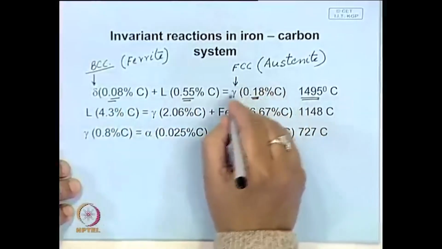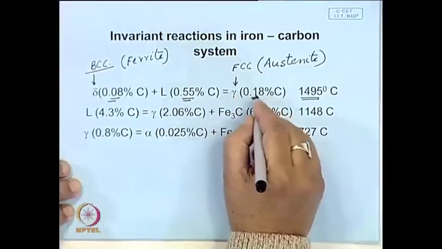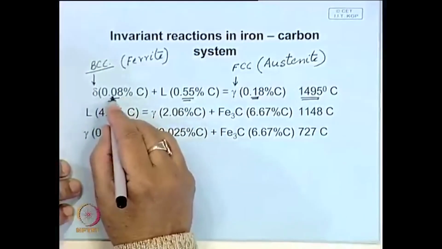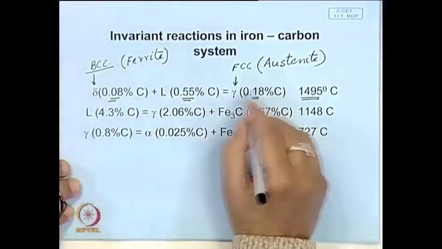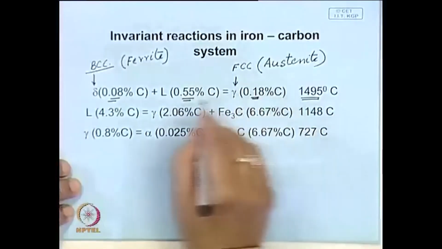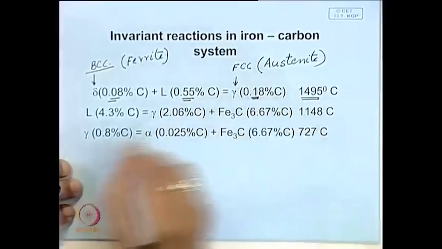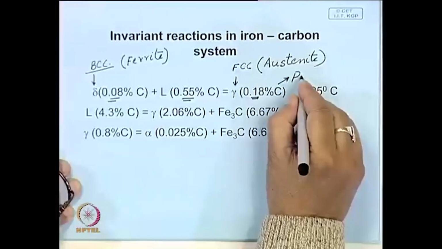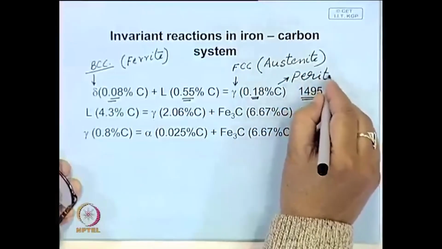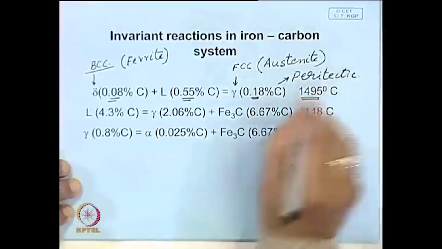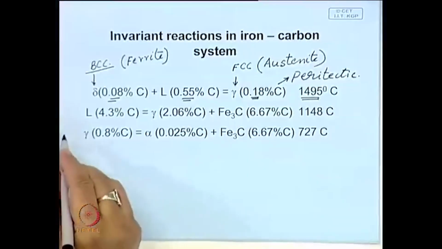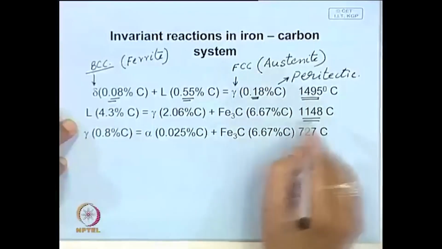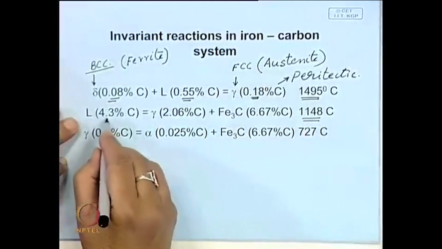Now look at it, here gamma has a much higher carbon content than that of ferrite. This is because it can dissolve more amount of carbon, and this is weight percentage, and this reaction is called the peritectic reaction isotherm.